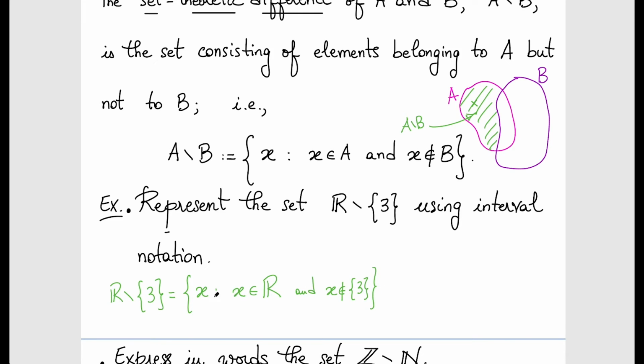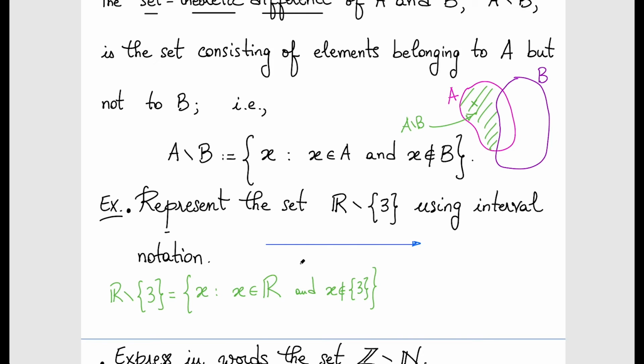And take a look. What does this mean? This is the collection of all real numbers that are not 3. Right? The collection of all real numbers that are not 3. So everything except 3. How does it look on the picture, on the number line? If that's the number line, what are those guys, the green guys? Any number that's not 3, that's on the number line.